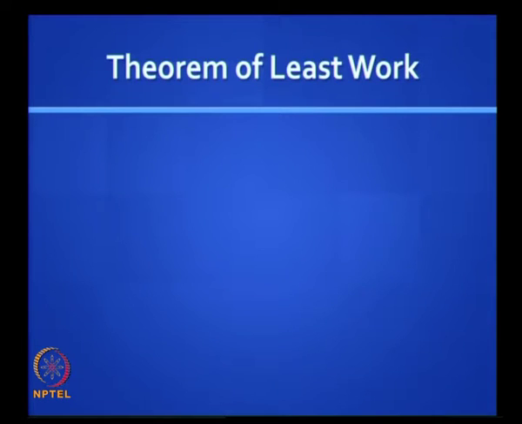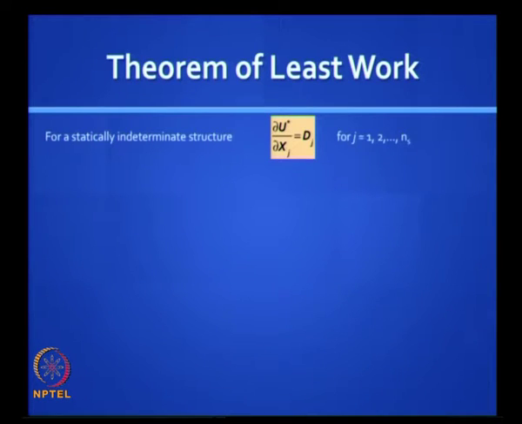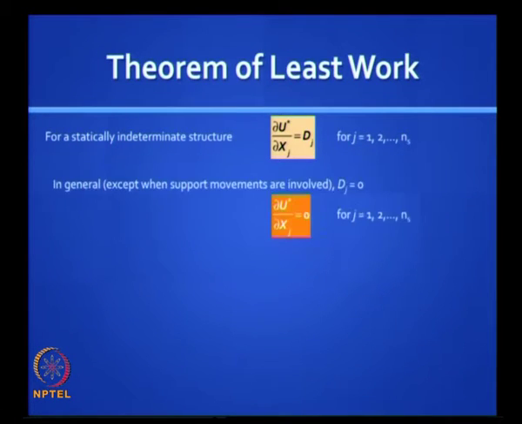We will end with this theorem of least work, which I have already explained. For a statically indeterminate structure, dou u star by dou xj is equal to dj. In general, except when support movements are involved, dj is 0. This is even true for internal indeterminacy. So you can give this an interpretation. When you say dou u star by dou xj equal to 0, you can view it as a minimization of complementary strain energy.